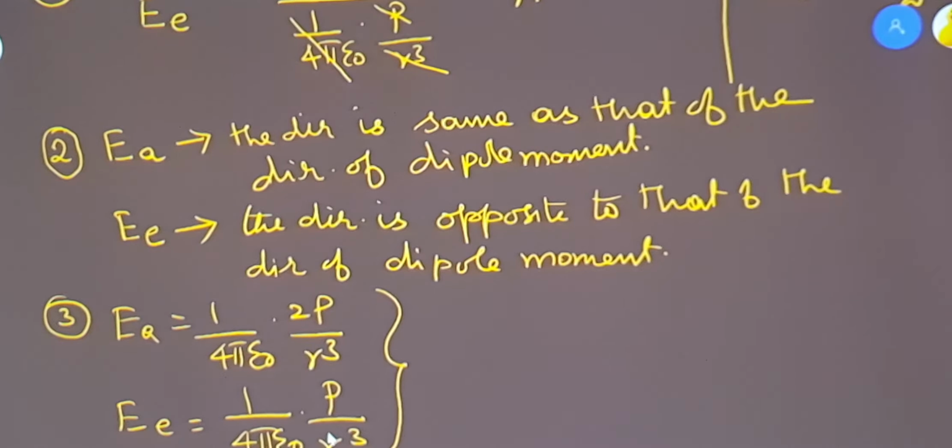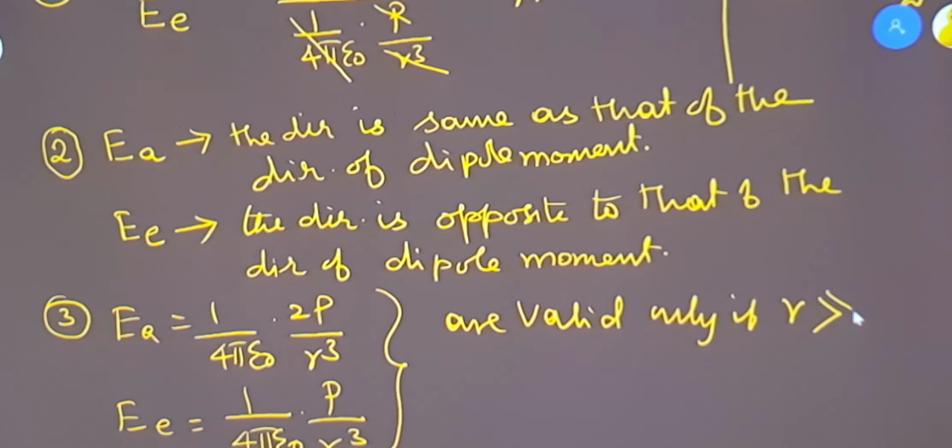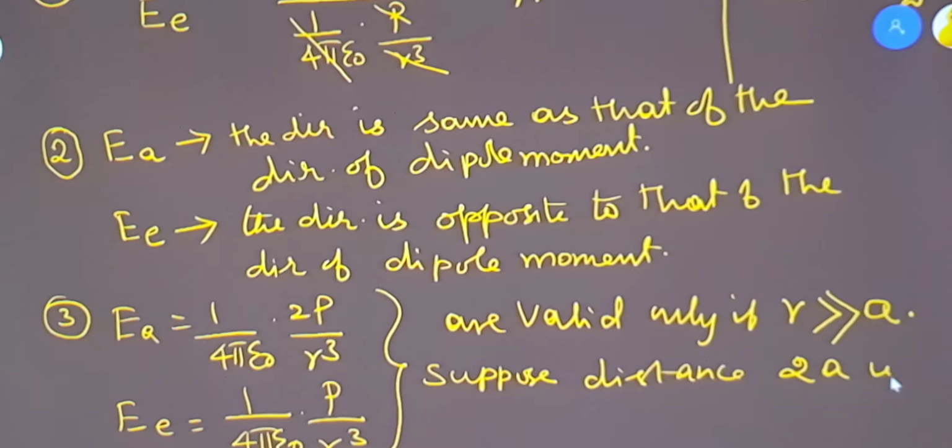These two equations are valid only if the distance r, where you are considering the point, is very much greater than the semi-length of the dipole. Length of the dipole is 2a, semi-length of the dipole is a.